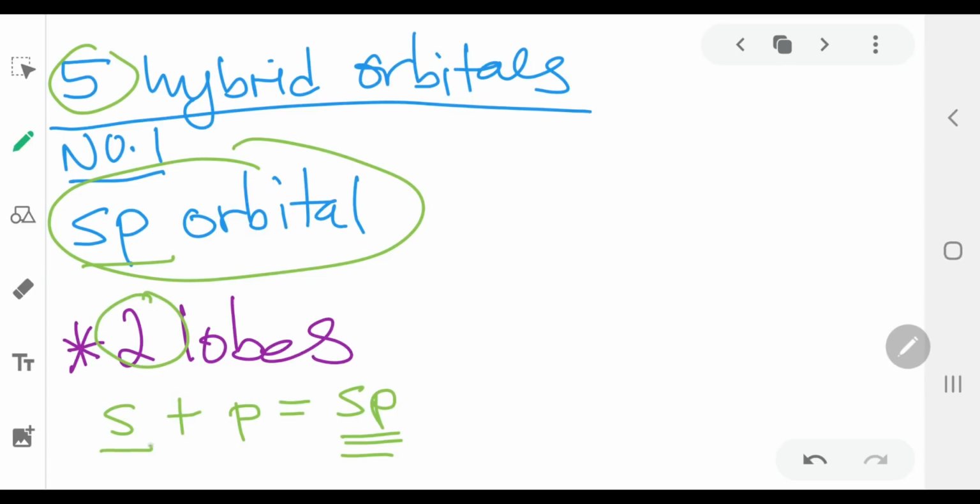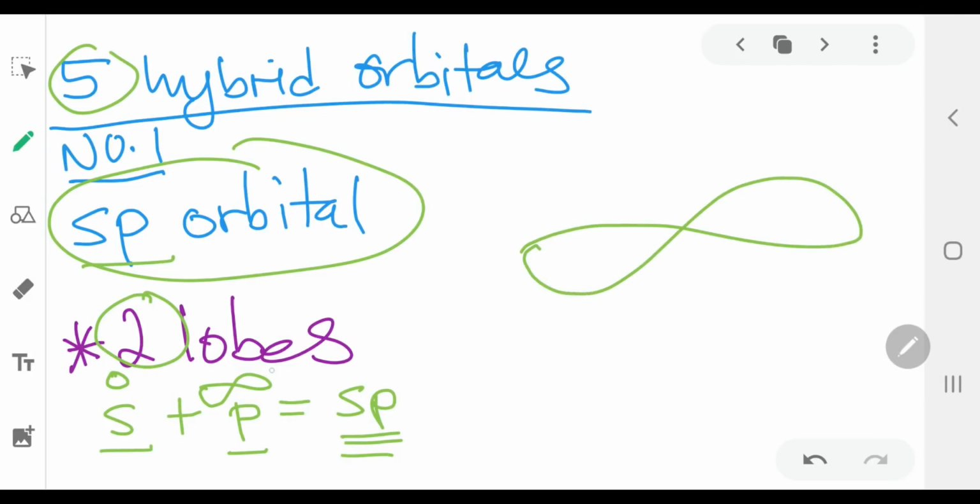Because you have one lobe and 2 lobes. So when you have one S orbital and one P orbital combined together, you would be forming SP orbital, and the shape is like this. So that is the shape of SP orbital. It's quite confusing sometimes because the shape of pure orbital P looks exactly the same as the SP hybrid orbitals, but you don't have to get confused with this.